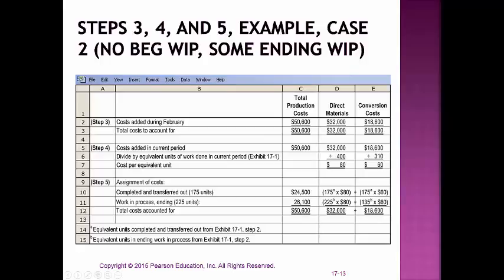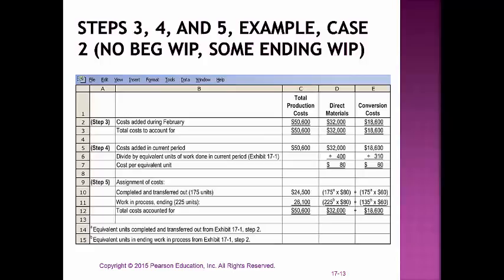In regards to the 225 units of the 400 that still remain in work in process, we need to have a value for the balance sheet. So again, going back up to steps 1 and 2 at the top, in regards to step 2 and our equivalent units, we had 225 equivalent units as to direct materials because of that assumption that all of the direct materials in this case were added at the beginning of the process.